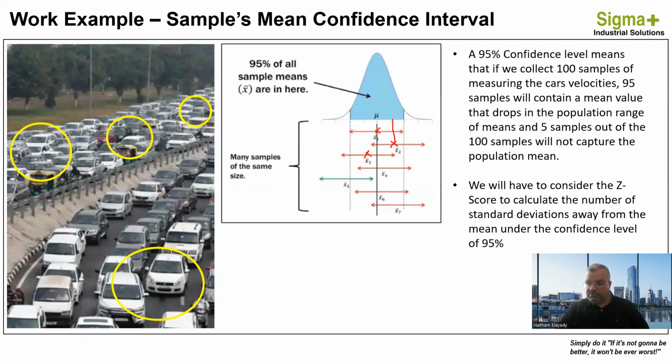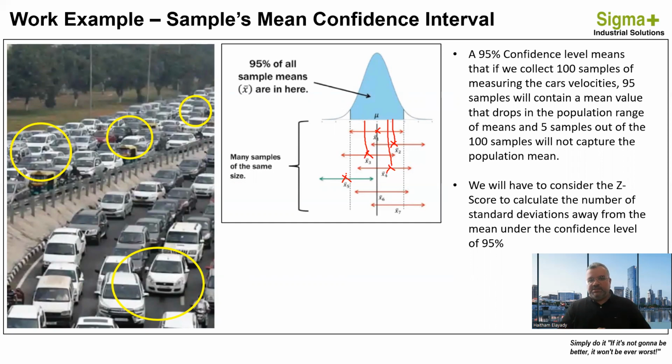The third one is also inside the range of the population mean. The fourth one is also inside. But if we look at this one, the green color, it's dropping outside the population mean. So that's what we mean by a confidence level of 95%.